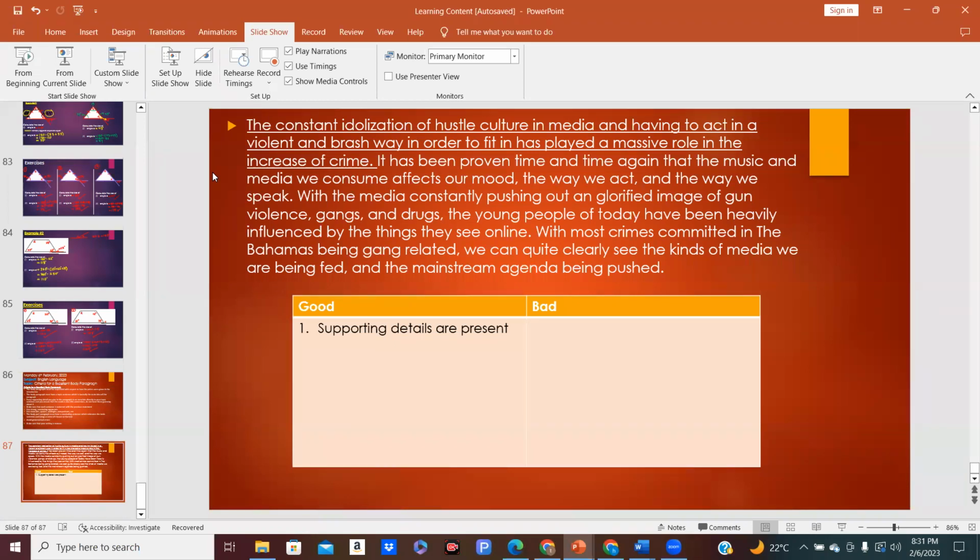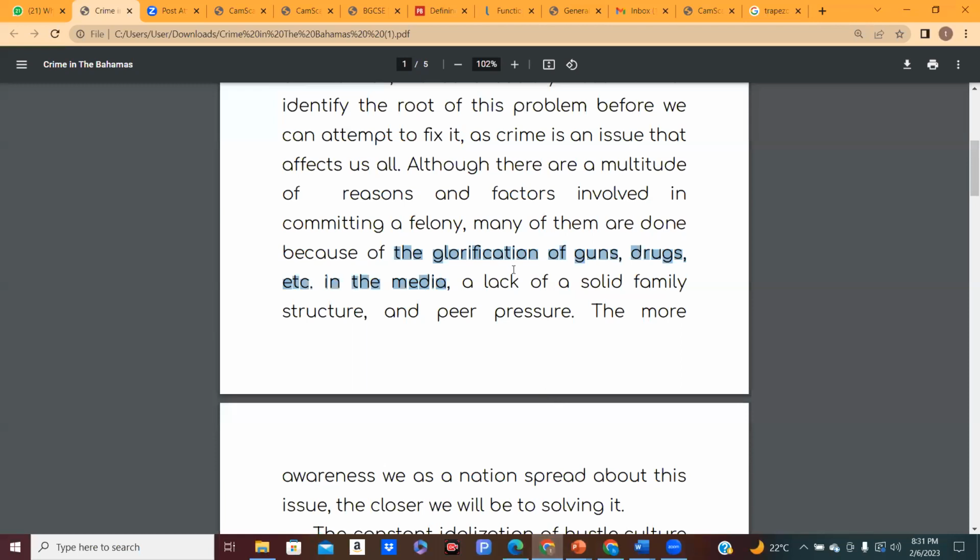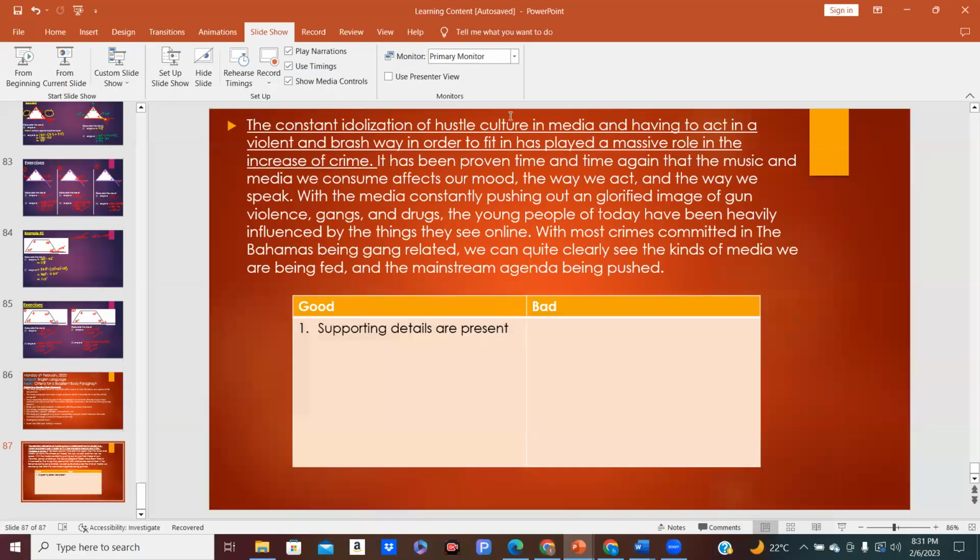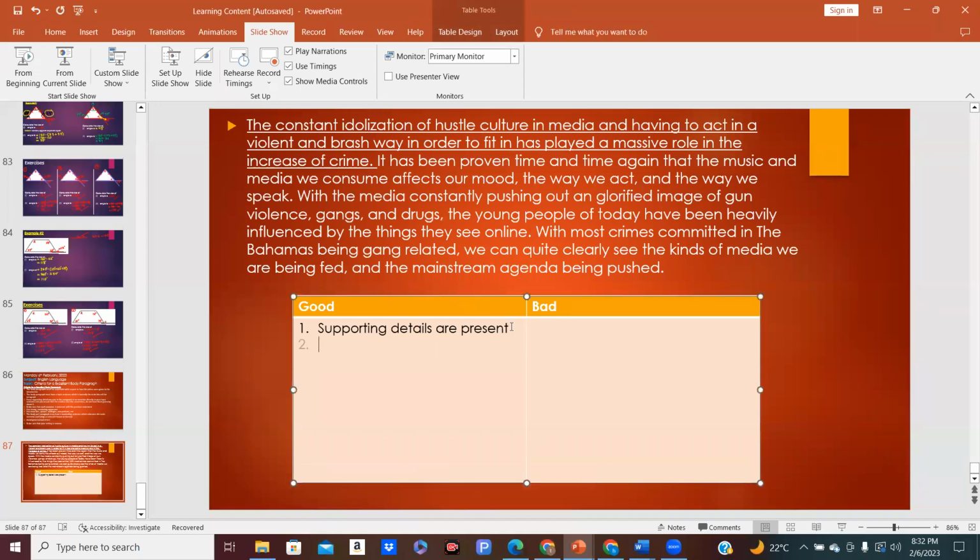She only mentioned media, but even in that process, she mentioned the glorification of guns and drugs in the media. And this body paragraph deals with the glorification of guns and drugs in the media. So technically, she did keep it consequential.